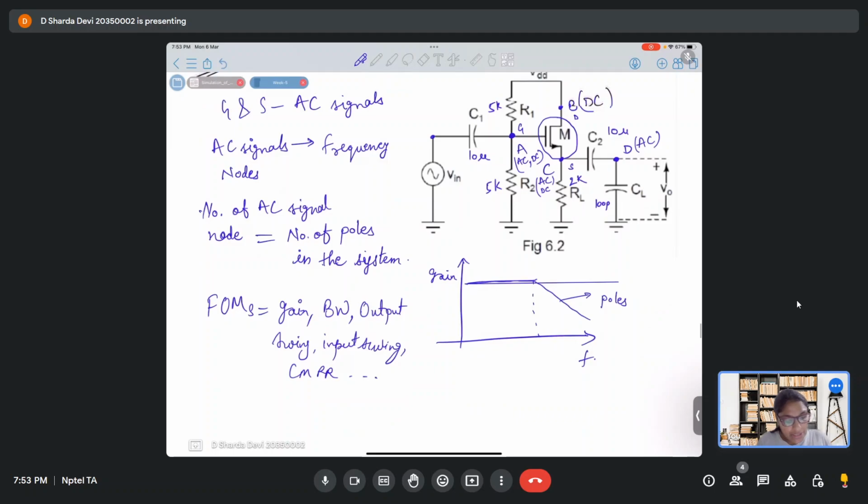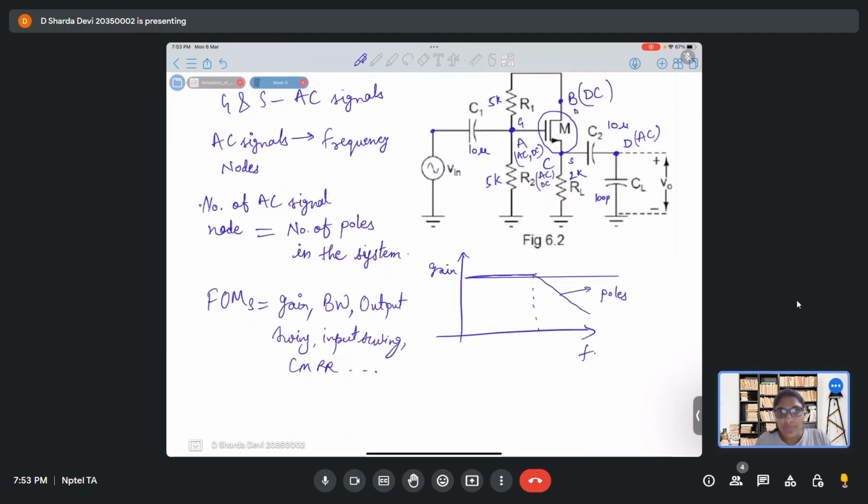Gain, we all know, is how much your output increases for a given input. We all understand the concept of gain, right? Now bandwidth: let's say you have a gain of 50 dB. Till what frequencies is your gain considerably 50 dB? The point where it encounters a pole, it comes down to 3 dB less, the minus 3 dB frequency.